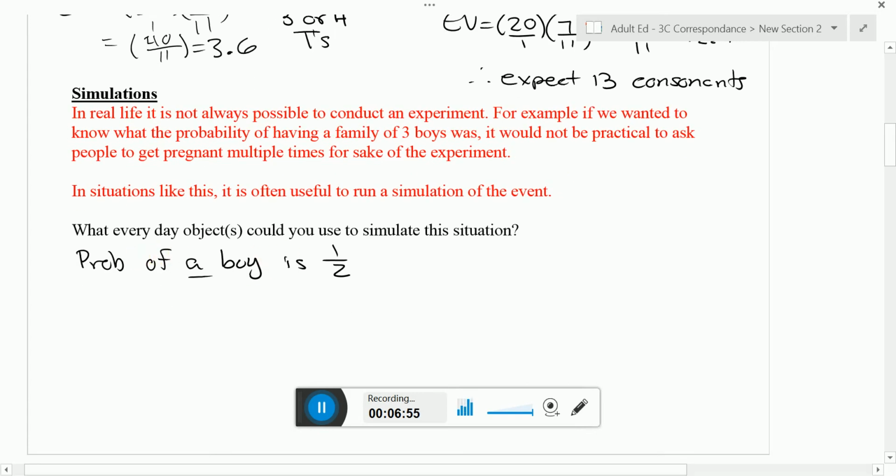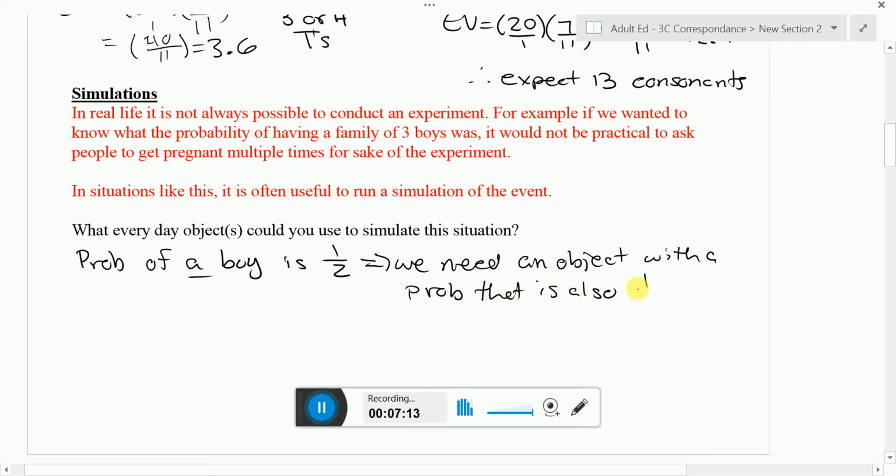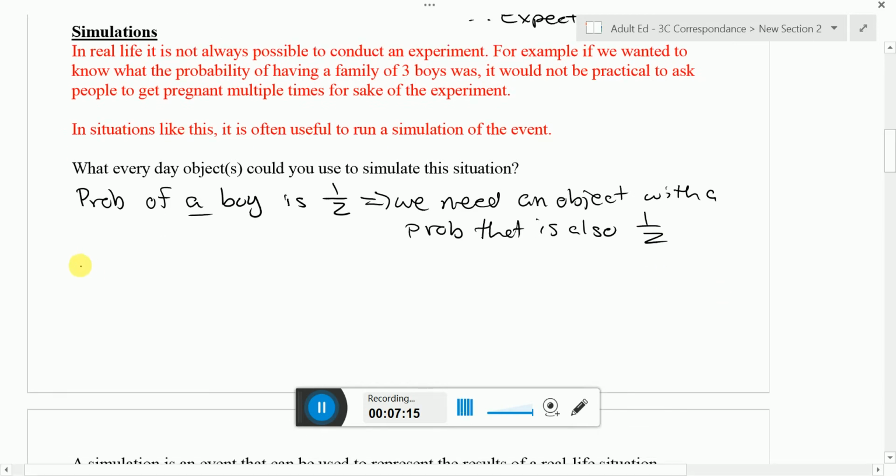So when we're thinking of everyday objects we could use to simulate this, we need an object with a probability that is also 1/2. So some things we could do: we could flip a coin and have heads represent boys.